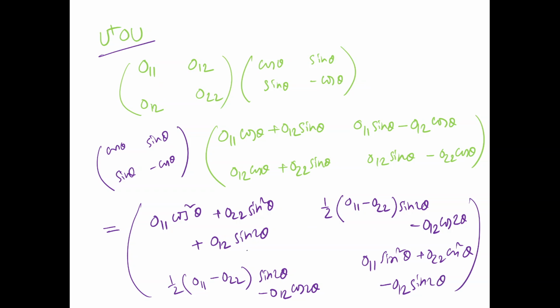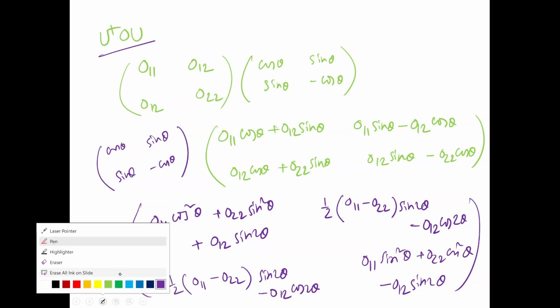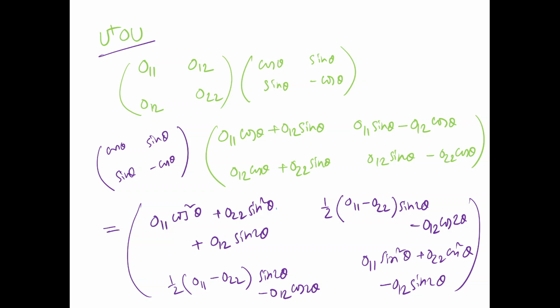So to make it diagonal, what will be the criteria? The criteria should be that this off diagonal term and this term have to go to zero, right? So now if we put the condition that it is going to zero for a certain theta, let's say theta 0, then we'll get theta 0.